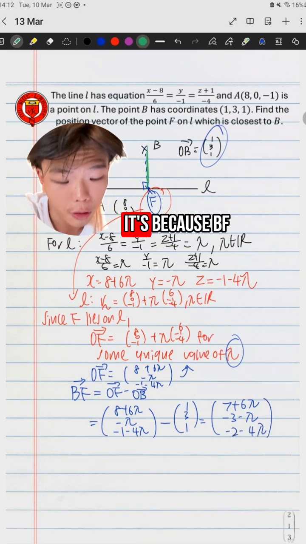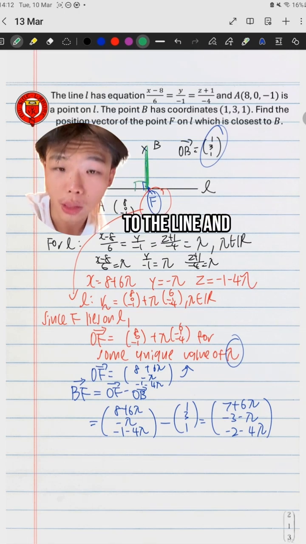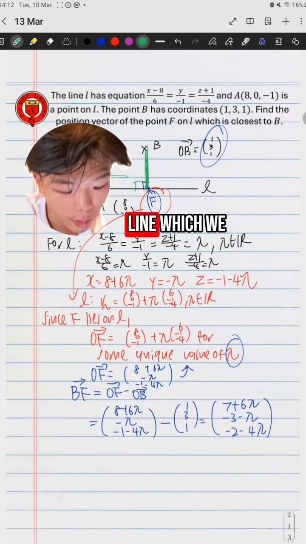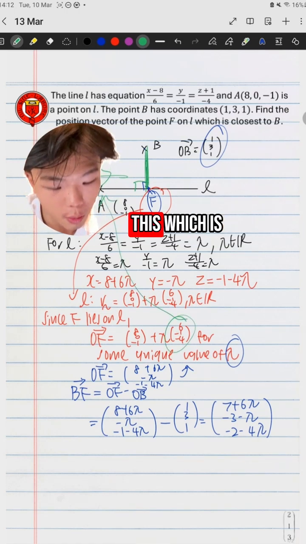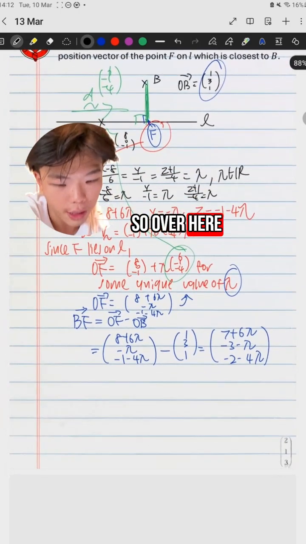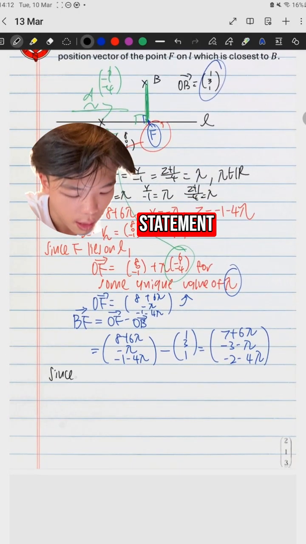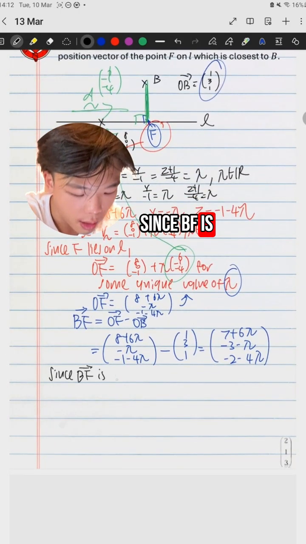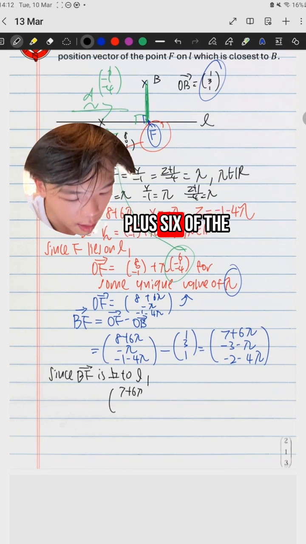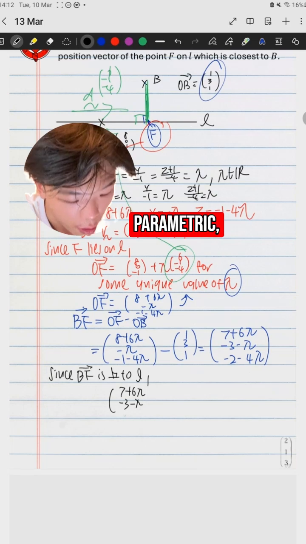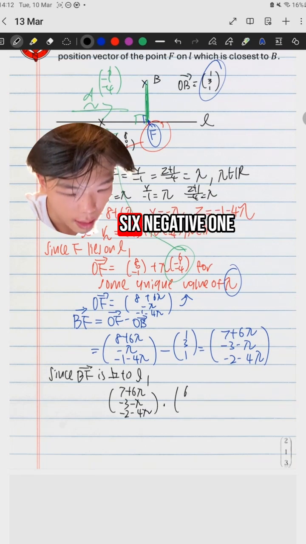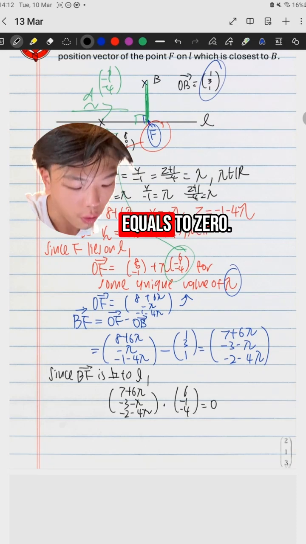Now, why do we want to find BF? Very simple. It's because BF, we can see, is perpendicular to the line, and therefore the dot product between this and the direction vector of the line, which is (6, -1, -4), will be 0. So over here, I just need to write a simple statement, which is since BF is perpendicular to the line, we know that (7 + 6 of the parametric, -3 - parametric, -2 - 4 parametric) dot (6, -1, -4) equals 0.